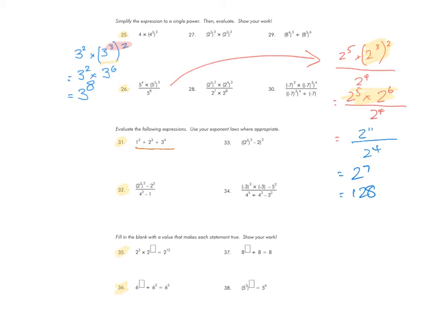So I'm going to do something similar to that. I'm going to do 2 to the exponent of 2 plus 3 to the exponent of 3 plus 4 to the exponent of 4. Very similar, but different numbers.